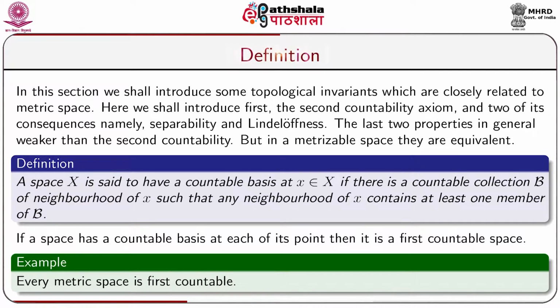The last two properties are in general weaker than second countability. First countability is also weaker than second countability. But in metric spaces we will show that Lindelöfness or separability is equivalent to the second countability axiom.